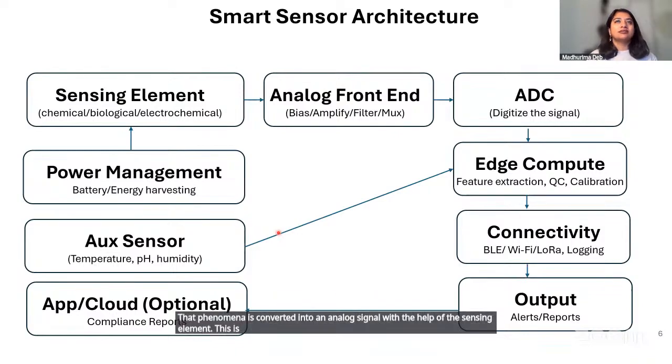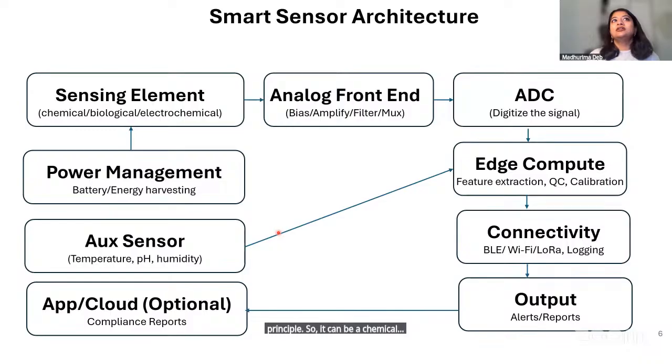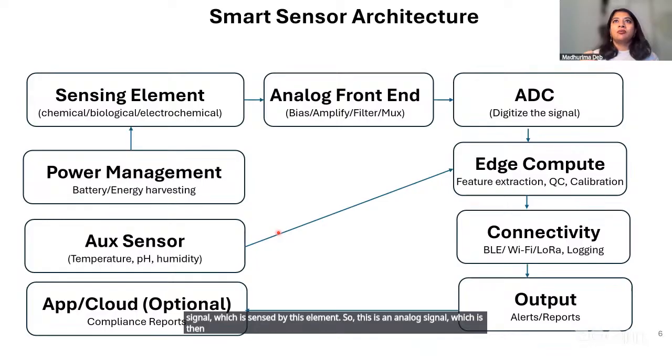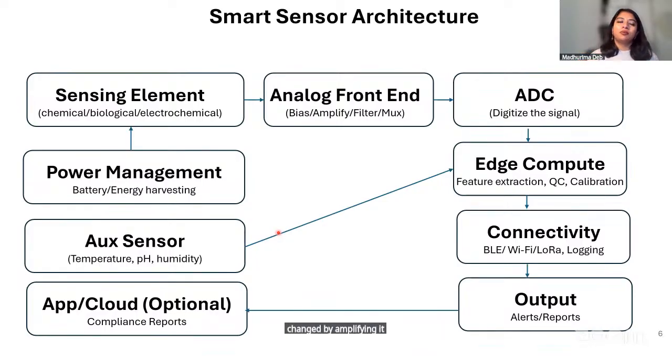This is the basic sensor principle. It can be a chemical, biological, or electrochemical signal which is sensed by this element. This analog signal is then changed by amplifying or filtering it based on the need or requirement of the sensor.